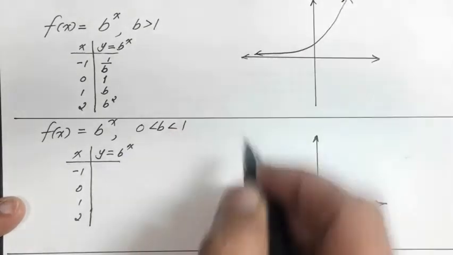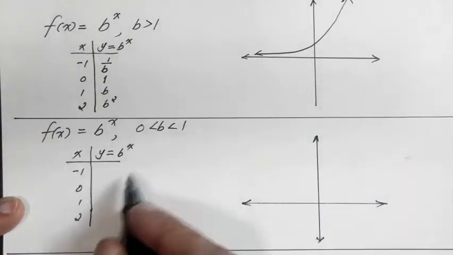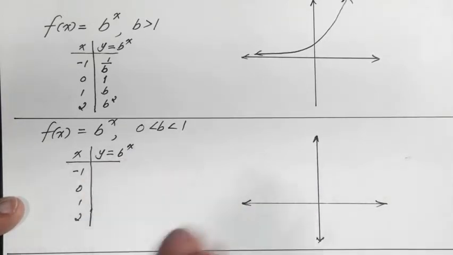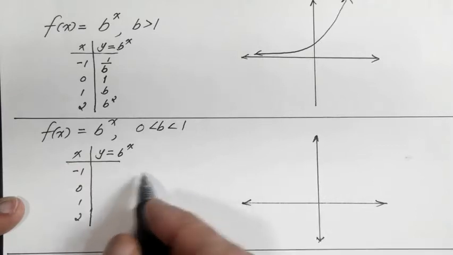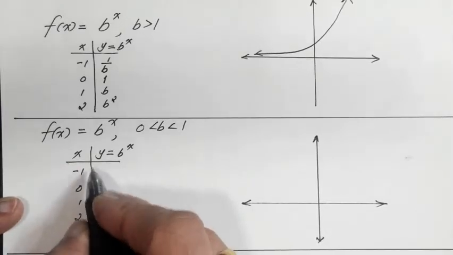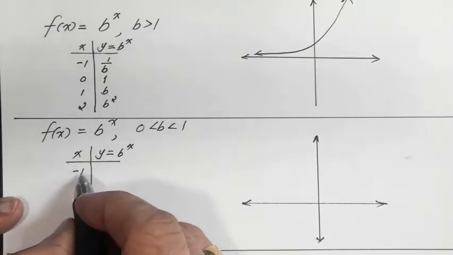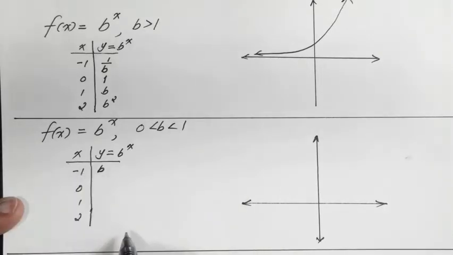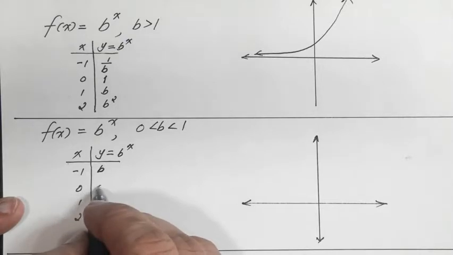Just an example. If the base is between 0 and 1, for example a fraction like 1/2, 1/4, 3/4, anything like that, then you will be able to make the set of parent points as -1, b, and 0, 1.